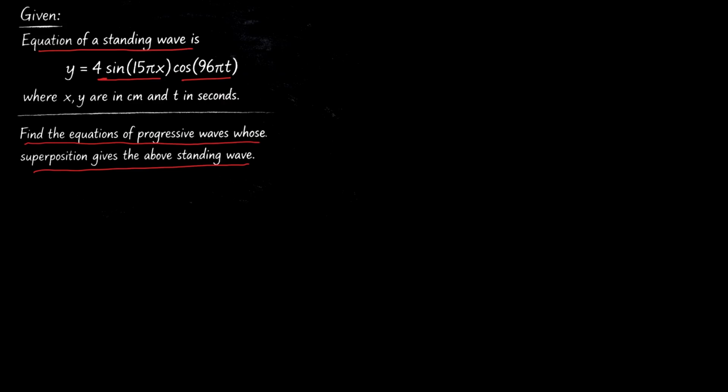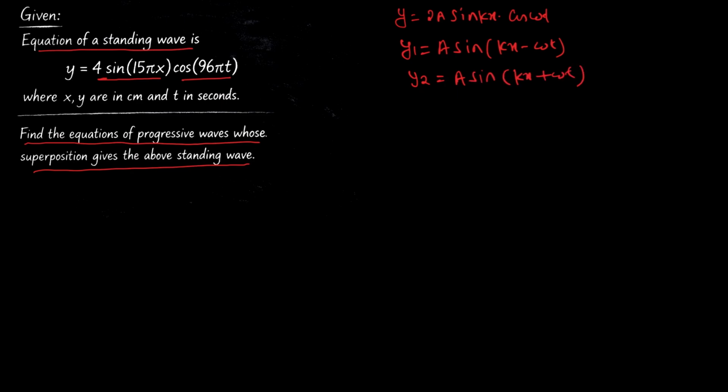So what I can write here, if I compare y is equal to 2a sin kx into cos omega t, y1 was a sin (kx minus omega t), and y2 a sin (kx plus omega t). So if the first equation is the standing wave, it means the second and third equations are its components.